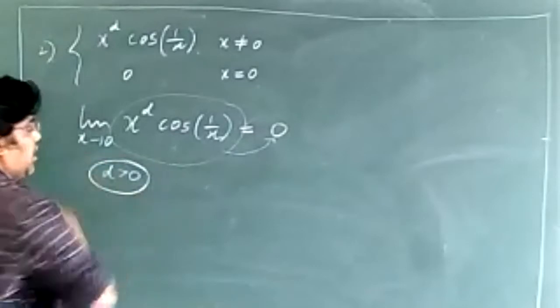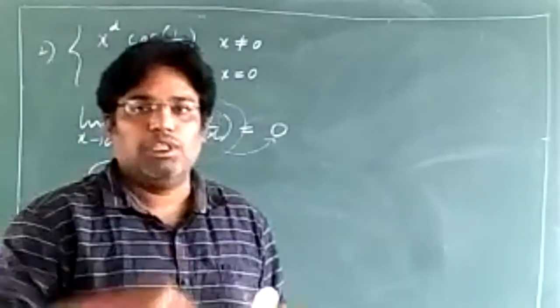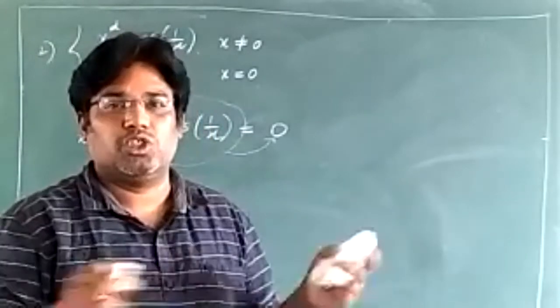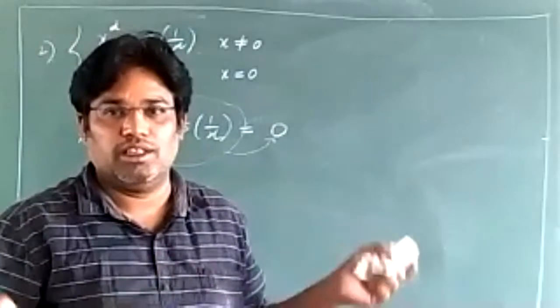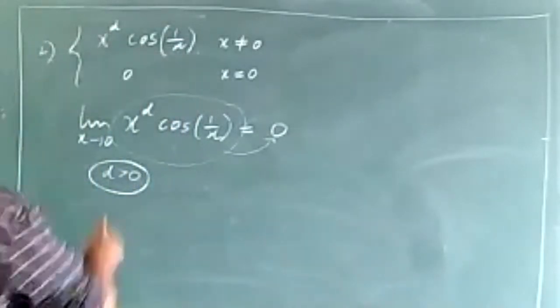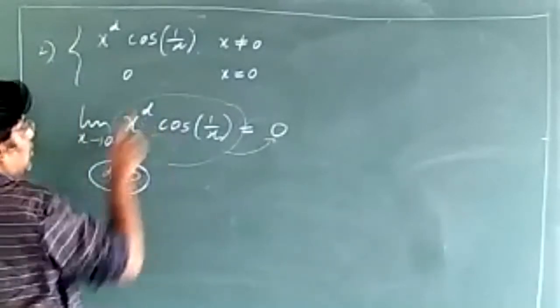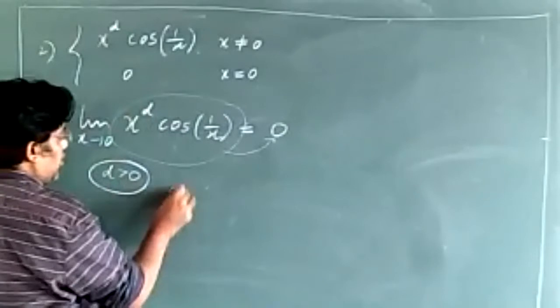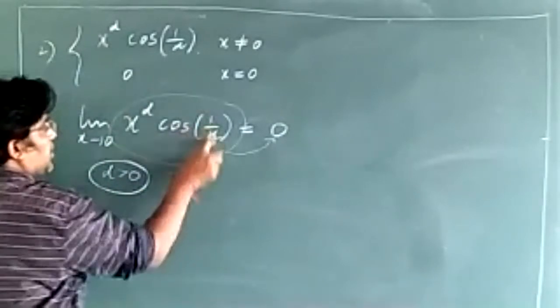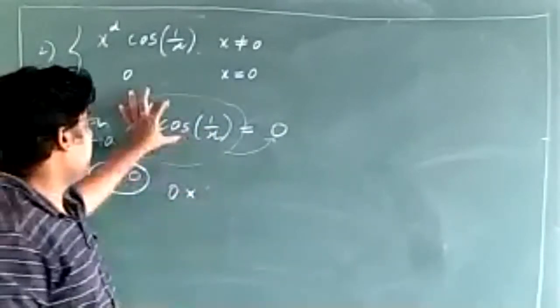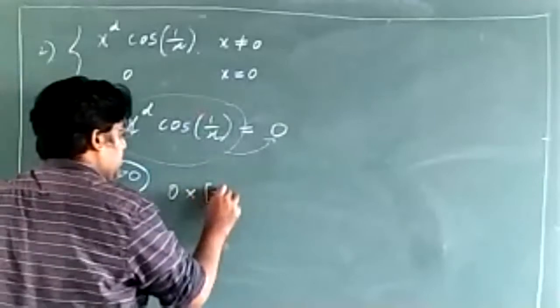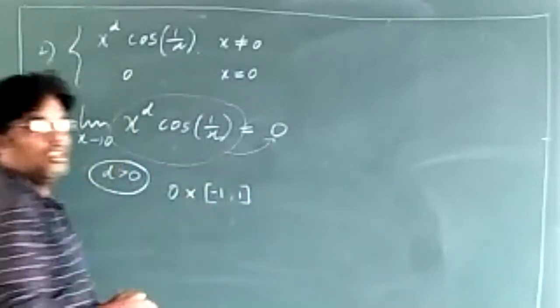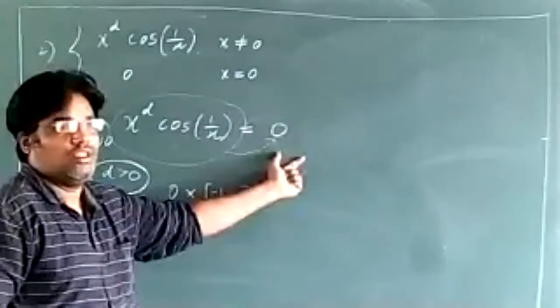What happens when alpha is greater than 0, which means a positive value, like x square, x cube, x to the power of 1 by 2n. When you apply the limit x tends to 0, this part becomes 0 into cos of 1 by 0, which is cos infinity, some value which lies between minus 1 to 1. That value into 0 is 0.